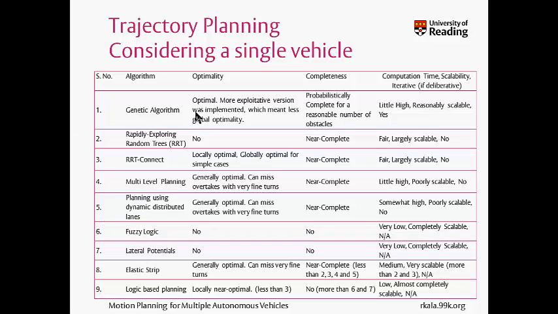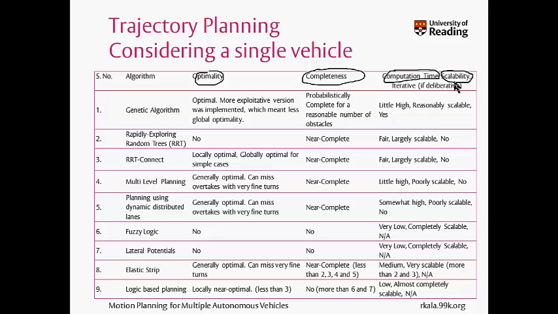When it comes to planning, this is a table which nicely compares and contrasts the different methods. So maybe you can pause the video and take some time to go through it to verify for yourself. Optimality, of course, states: can the algorithm find the best solution? Completeness: if a solution is possible, can the algorithm find it? The computation time: how much time does it take to find the solution?